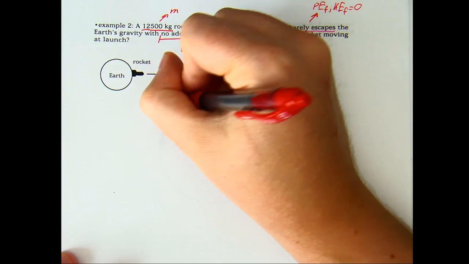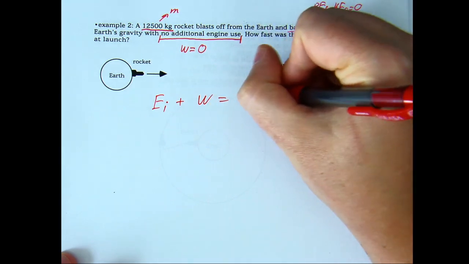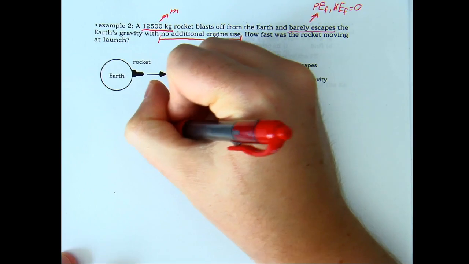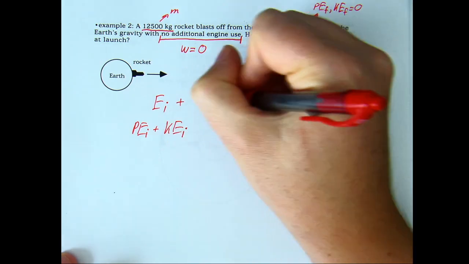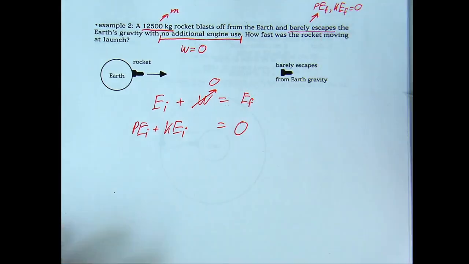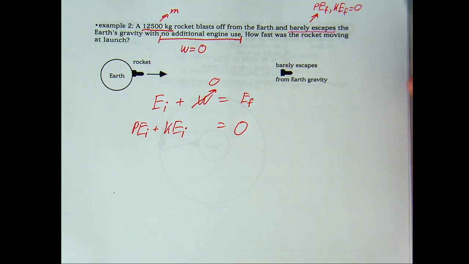So this is all just energy like we've looked at before. Energy initial plus work equals energy final. So we've got potential energy initial plus kinetic energy initial. We know that work is equal to 0. And we know that there's no energy at the end because PE final and KE final are both equal to 0. So let's plug in what we've got.